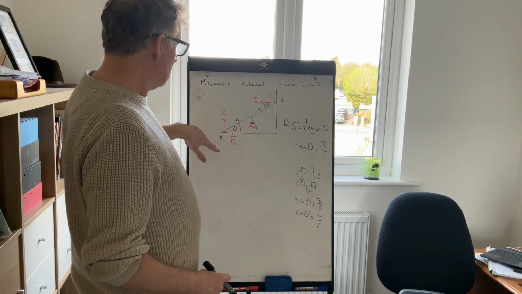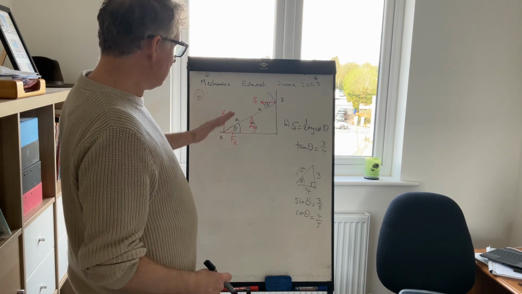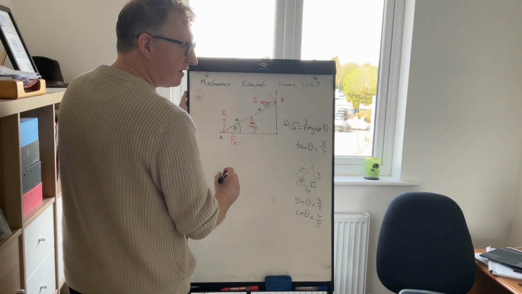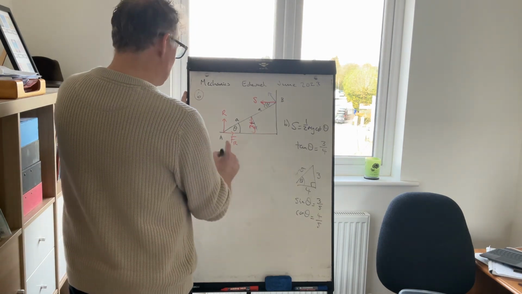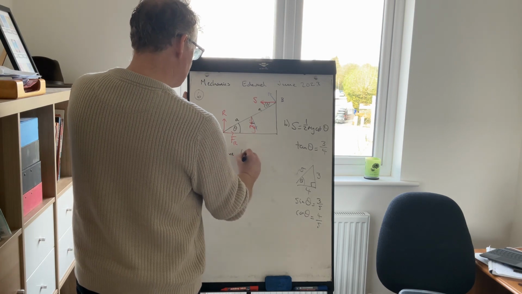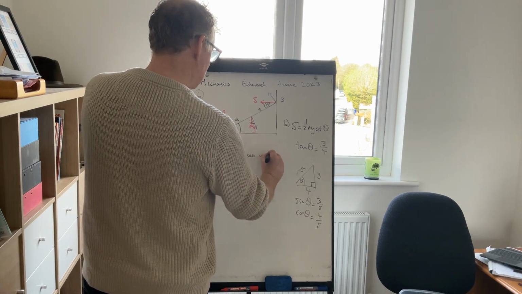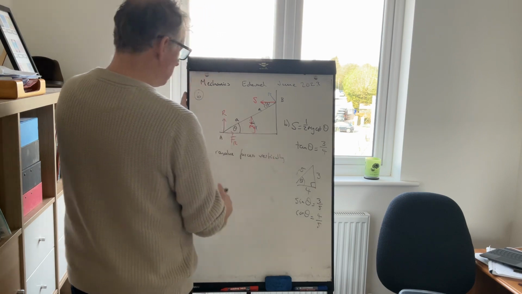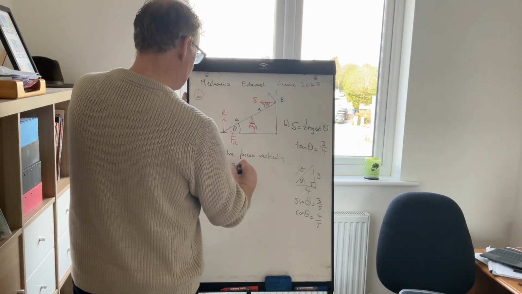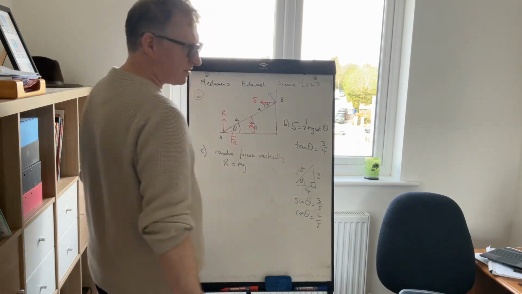So we know that forces up equal forces down, because this thing is in equilibrium. So the first thing to point out for part C is that we resolve forces vertically, and don't we nicely end up with R equals mg? They must balance out.